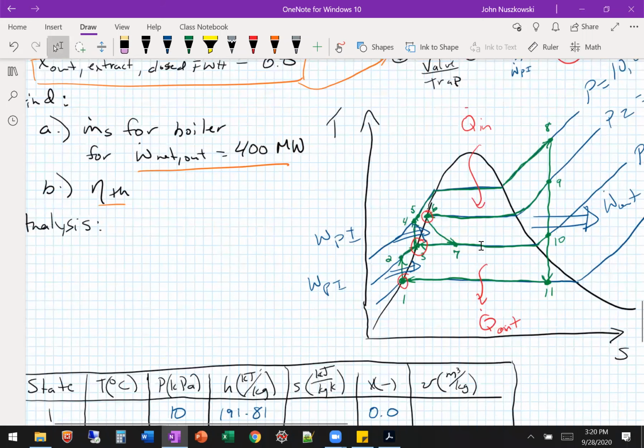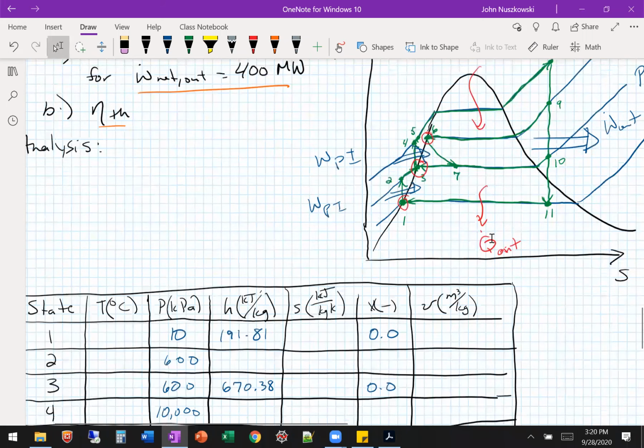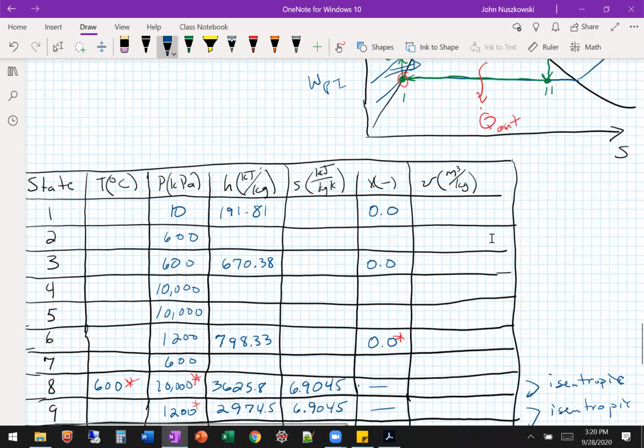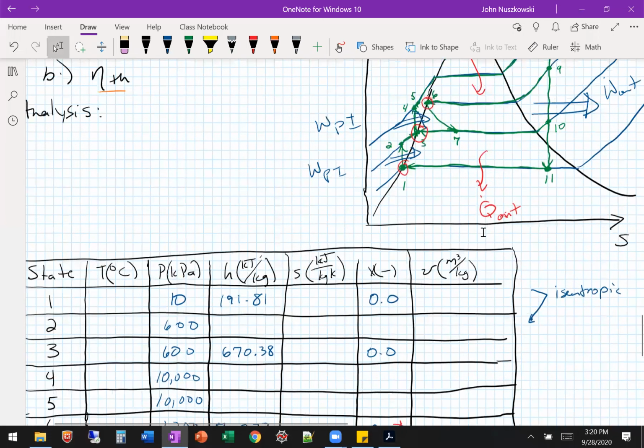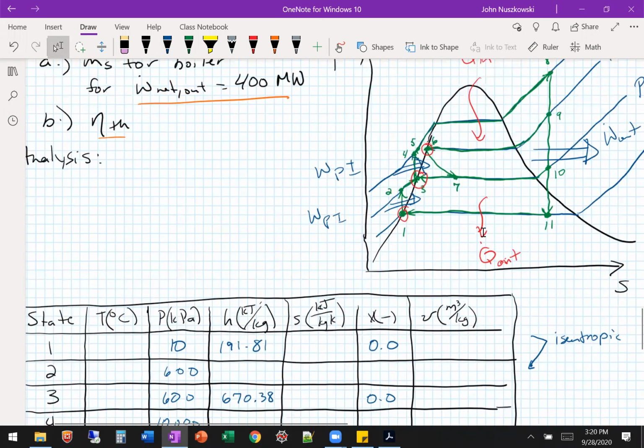1 to 2 is also isentropic. So 1 to 2 is isentropic, right? What else is isentropic? 4 to 5.